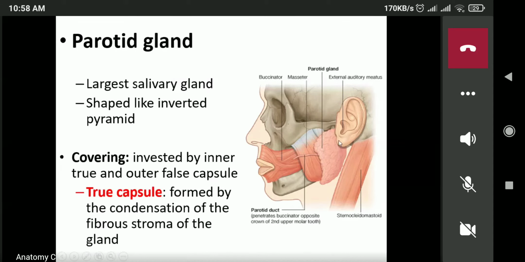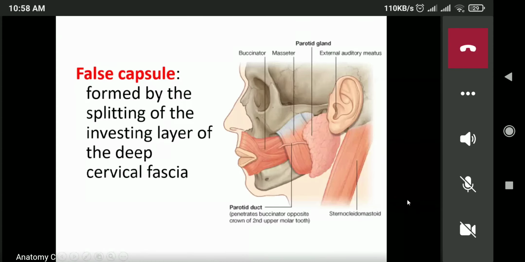So this is the parotid gland, which is covered by the inner true and the outer false capsule. The inner true capsule means the condensation of the fibrous stroma, or the connective tissue of the gland itself. And the outer covering is the false capsule, formed by the splitting of the investing layer of the deep cervical fascia.